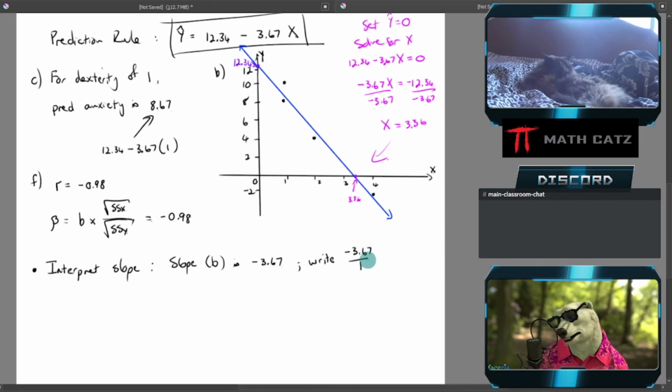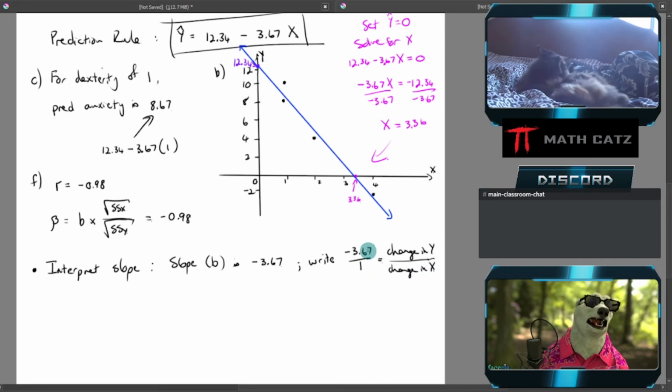And then I have to think back to high school. This slope is the change in the y variable over the change in the x variable. Predicted, but still. That is the slope of a straight line. So that means that if there is a change in the x variable, now I always start bottom up in my interpretation sentence.